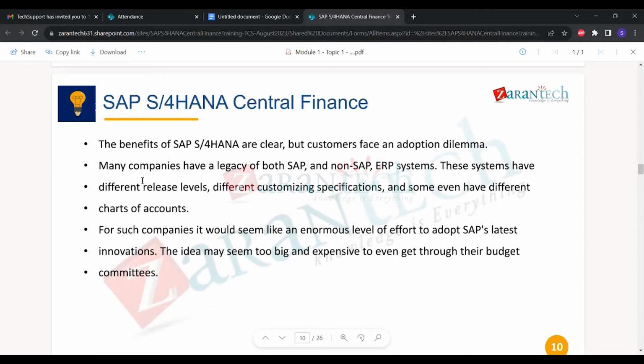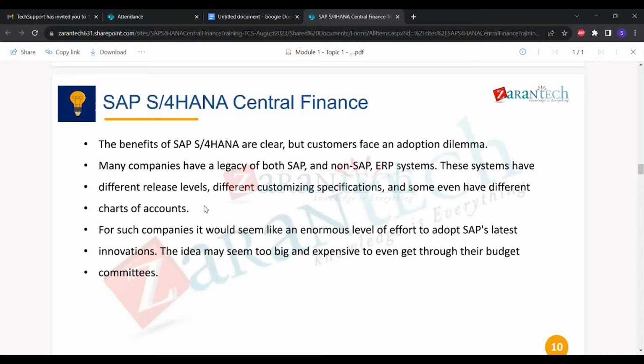Okay, so coming to this slide. These first two parts we have already covered: what the benefits of the central finance system are. Companies agree that they have these benefits, but the main challenge comes in the implementation. Most big companies have a very complex ERP structure, and it's very difficult for them to migrate or upgrade to a single system, because each system has its own challenges in coming to a standard set of processes if they transform their systems separately.